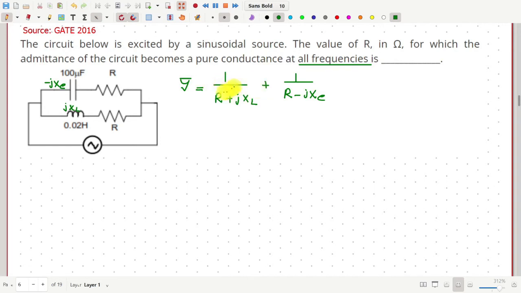So this is the sum of the two admittances for these two parallel paths.